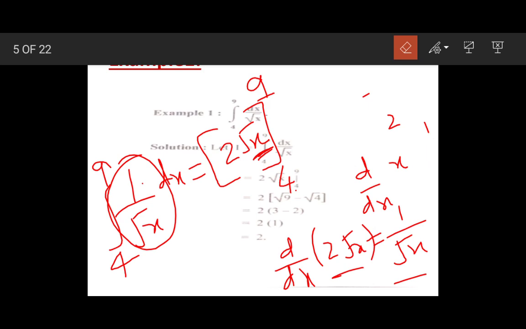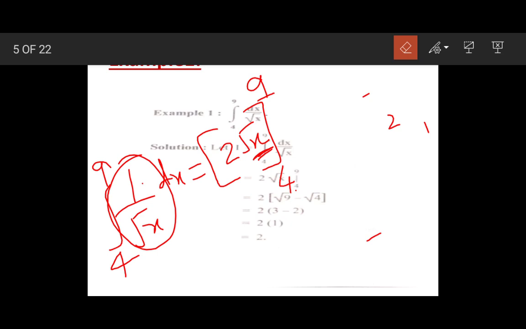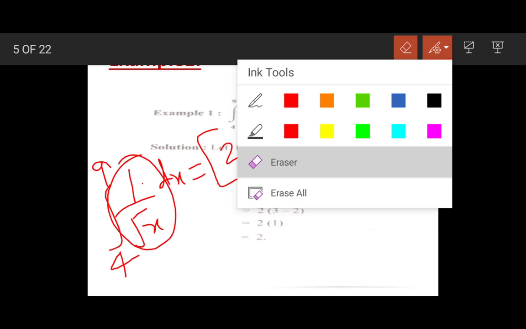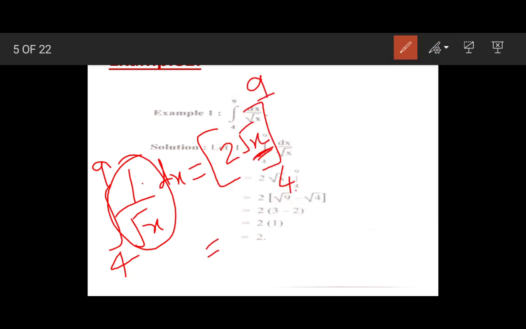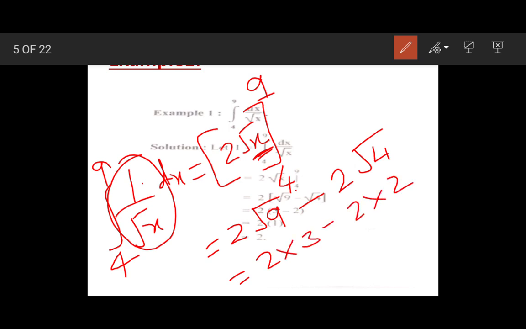After substituting, when we substitute x as the upper limit, we get 2 root of 9 minus the lower limit, 2 root of 4. That means 2 into 3 minus 2 into 2, so 6 minus 4, which is equal to 2.